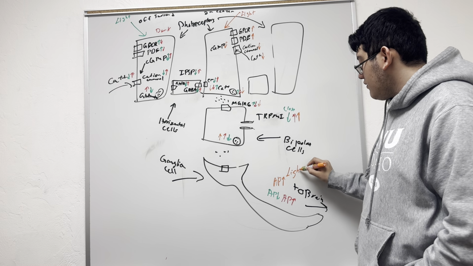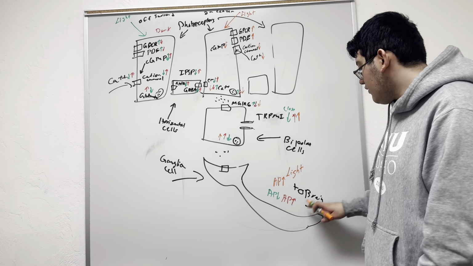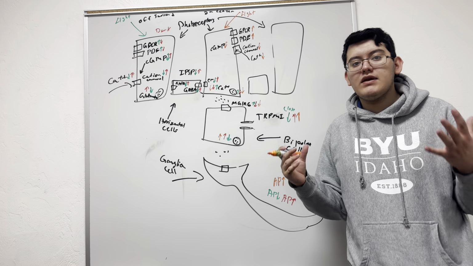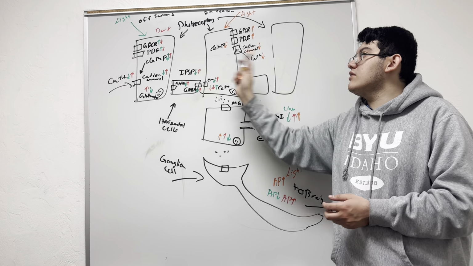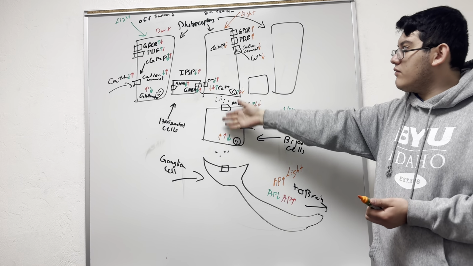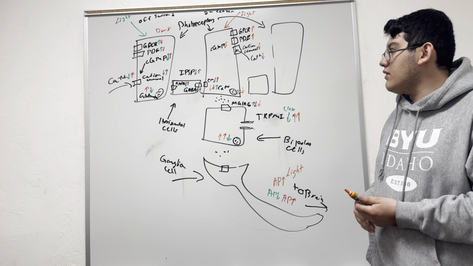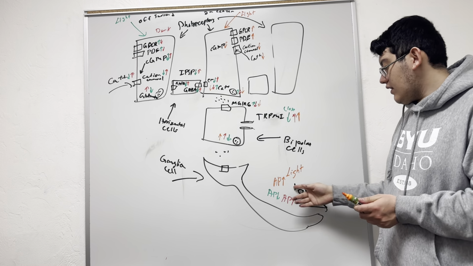The more action potential being sent to the brain, the more our brain thinks there's light. So when light hits the off surround, it's going to say it's dark, but when dark hits the outside or light hits the inside, it's going to say there is light.